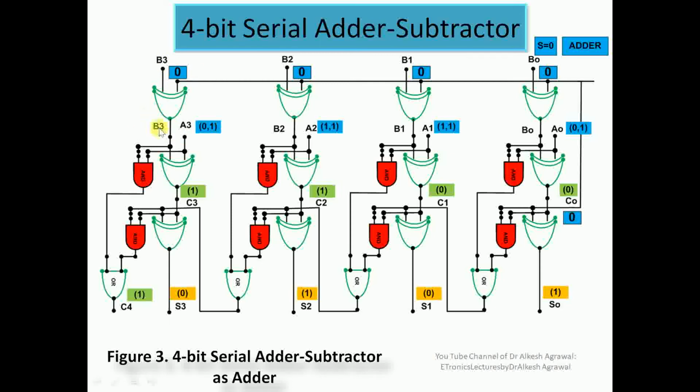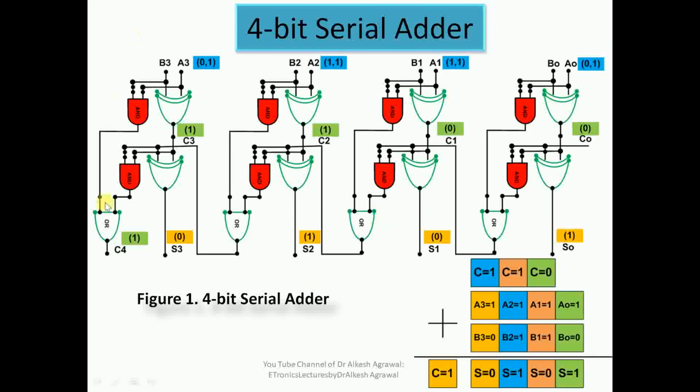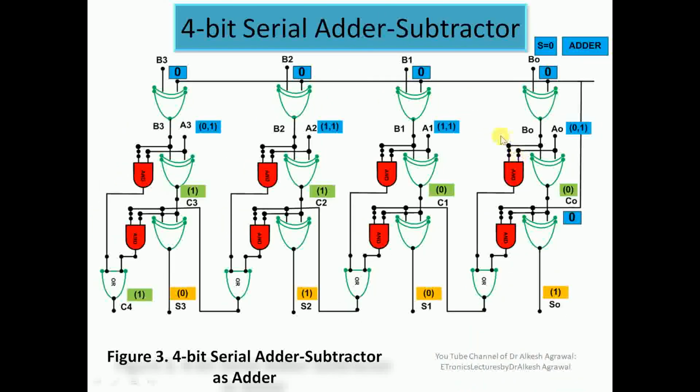So now the same conditions are prevailing over here, as in the circuit that we discussed. So we have A0, B0, A1, B1, A2, B2, A3, B3. So the same conditions came after this exclusive OR.